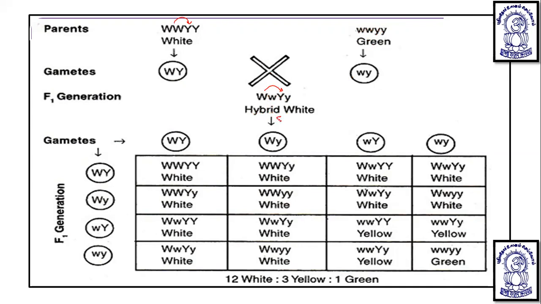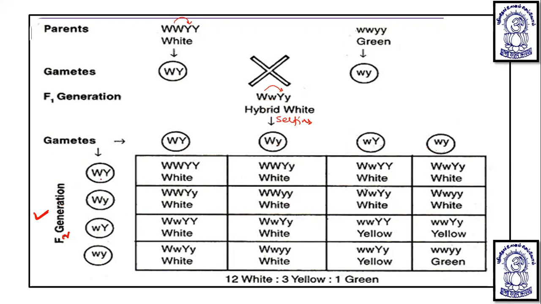And if we perform selfing of this F1 generation, then the F2 generation is going to be produced. Here it is the F2 generation, and you will see the cross like this. The gametes of one are WY, Wy, wY, wy, and the same gametes are produced here.